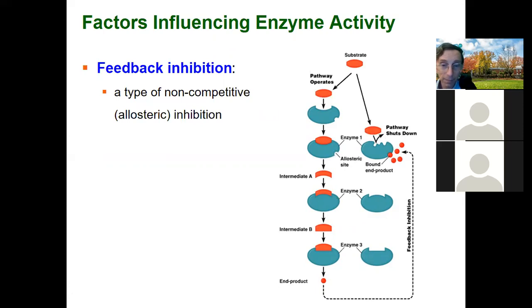And this is feedback inhibition, where the end product itself, when it builds up in the cell, will shut down the enzymatic pathway. You don't have enzyme 1 functioning, so you can't get intermediate A. If you can't get intermediate A, you can't get intermediate B. If you can't get intermediate B, you can't make more end product.